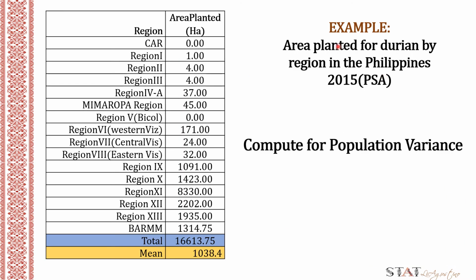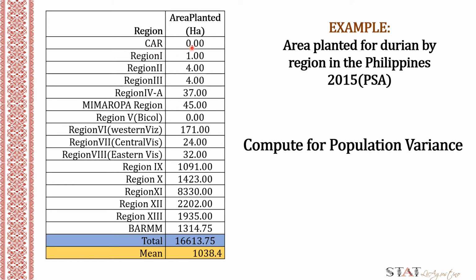For example, this is the area planted for durian by region in the Philippines in 2015, according to the Philippine Statistics Authority. I know that most of the CPAsians love durian, so I took this data. Let's compute the population variance. Let me read it from the CAR region.